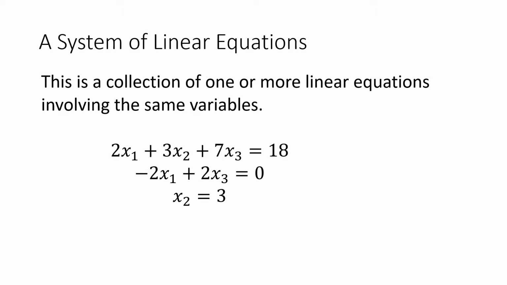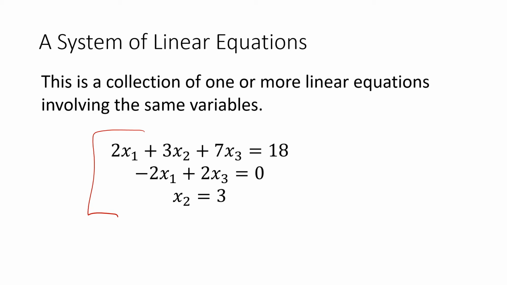The next thing to look at is a system of linear equations. This is when you have a collection of linear equations, a whole bunch of them, that all have the same variables. Now, not every variable has to appear in every equation, but it has the same variables. So for instance, this is a system of linear equations.